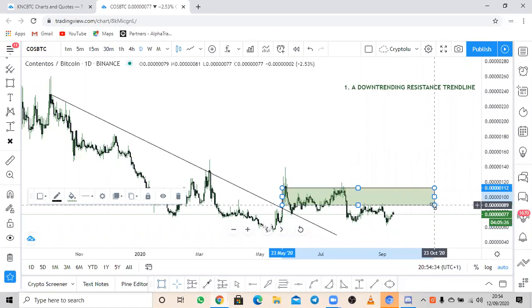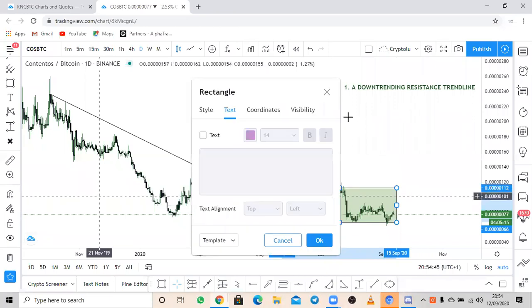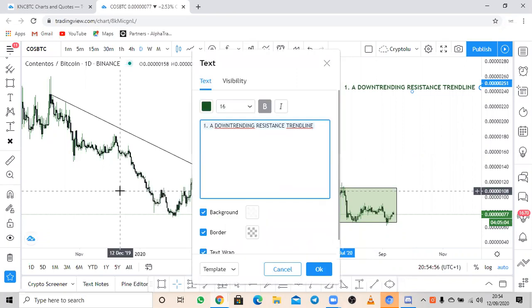So it's actually a bullish signal to me, so I'll be including it in my confidence reasons. So we have a downtrend resistance trend line.